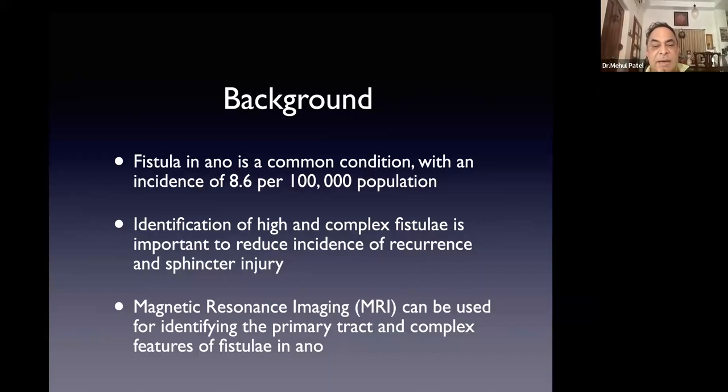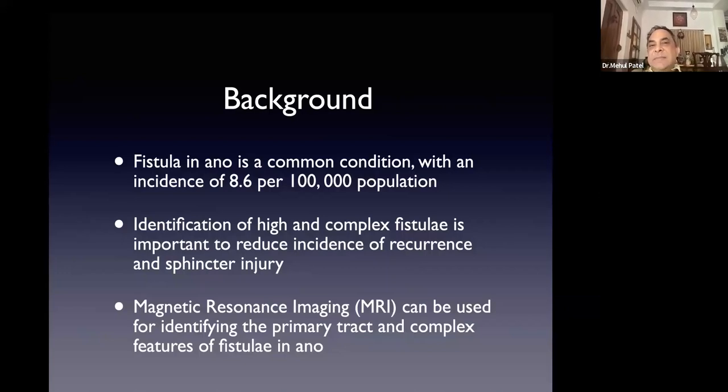But I must admit that what has happened practically over the last 10 years is that virtually every patient with a perianal fistula gets an MRI. In the old days, it was not the case. The low simple fistulas would be operated directly after surgical examination at EUA or clinical examination.